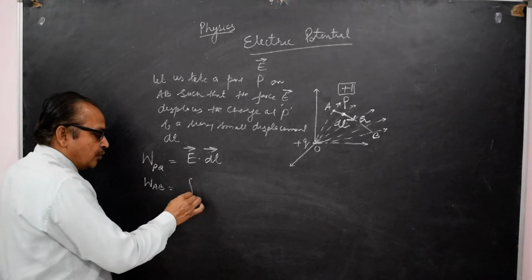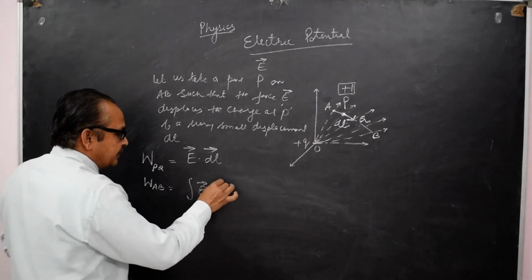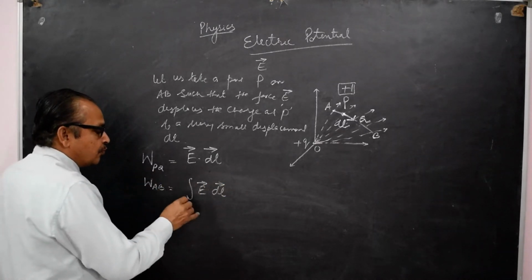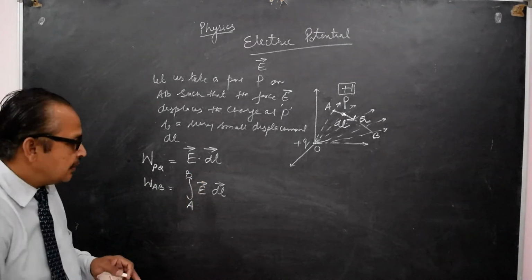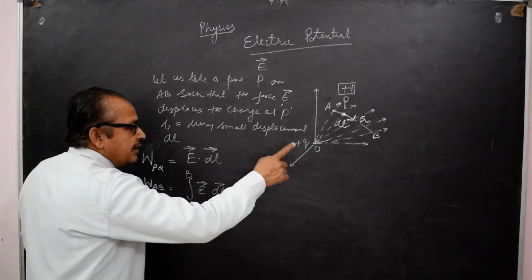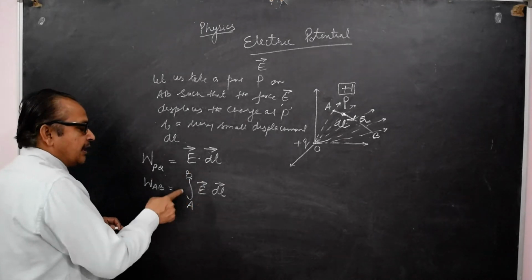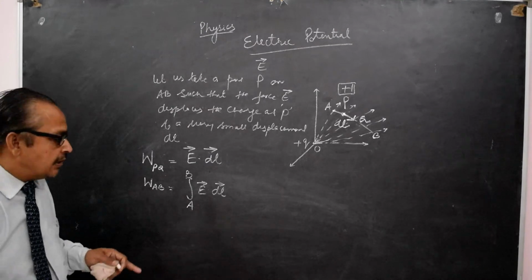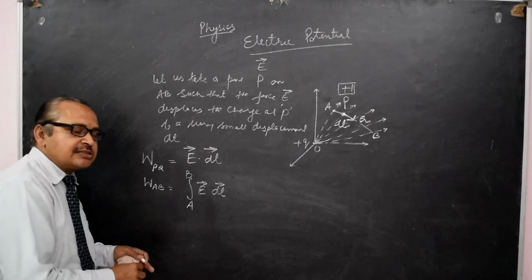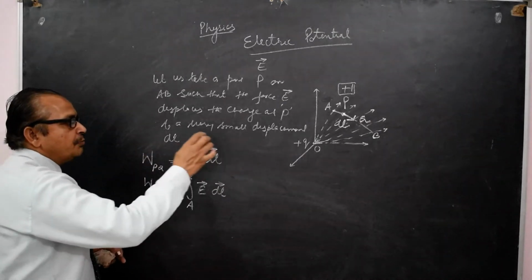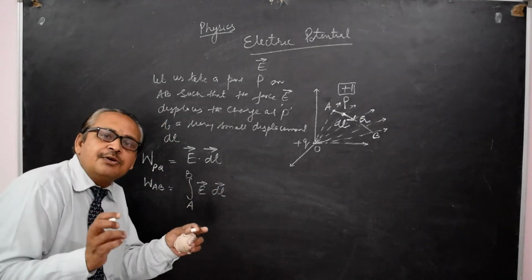We have to do the integration of the work done when it is moved from P to Q within the limits from A to B. So to find the total work done, we will integrate this work within the limits from A to B. So this is the amount of work done in moving a charge from A to B when it is placed inside an electric field.